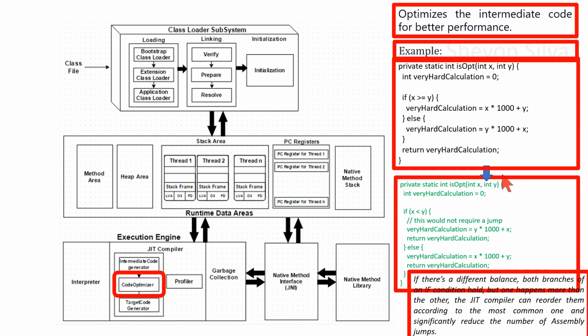Now here it is assuming that most of the time x is less than y, so the condition will be flipped to statistically reduce the number of assembly jumps. So here you can see the flip here, to reduce the number of assembly jumps basically.